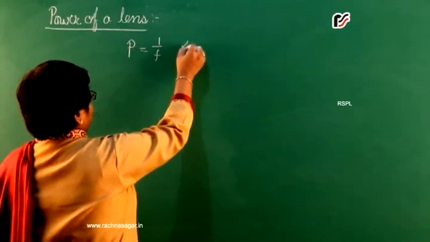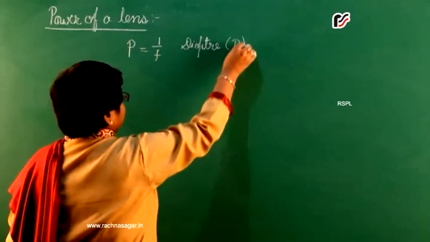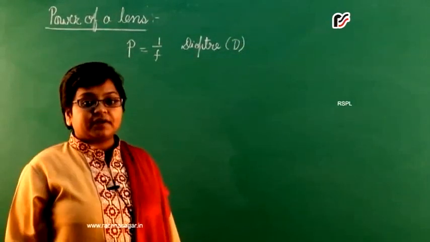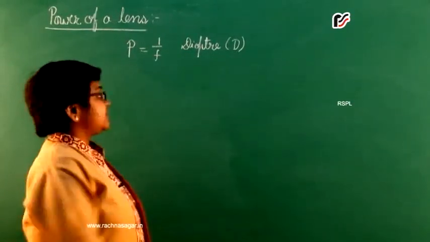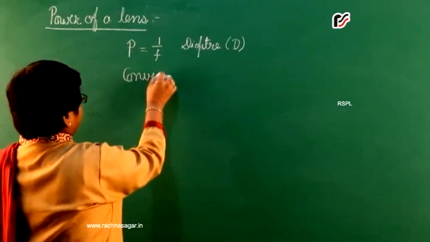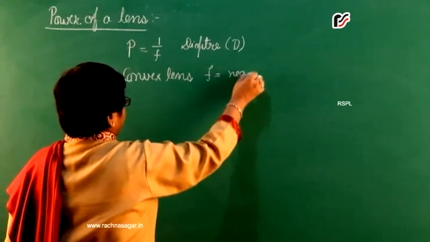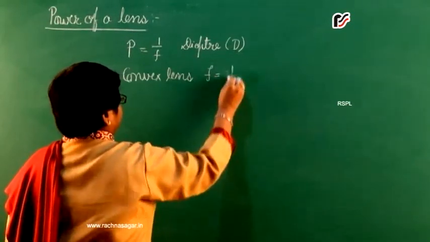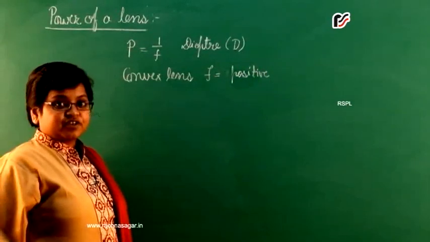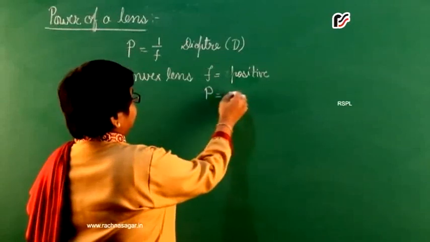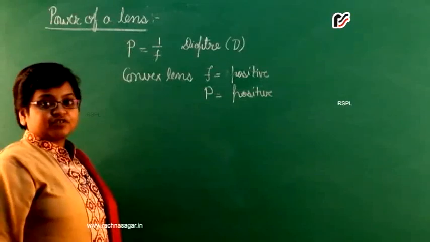The unit of power of a lens is the diopter, that is capital D. As we know that for a convex lens, the focal length is positive, thus power is also positive.